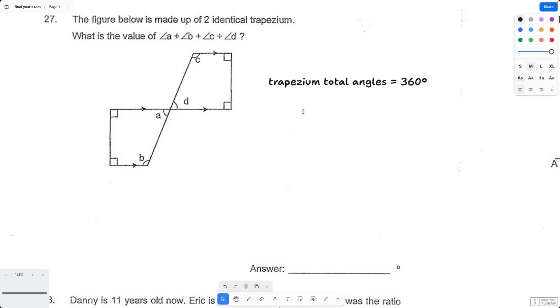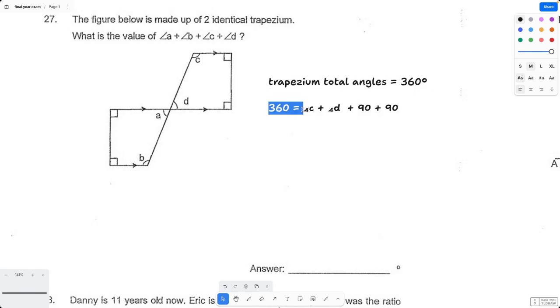So if I were to do this, you have an angle C plus angle D, then plus 90 plus 90, okay, and this will equal 360, right? The trapezium total is 360, so you just add them up.